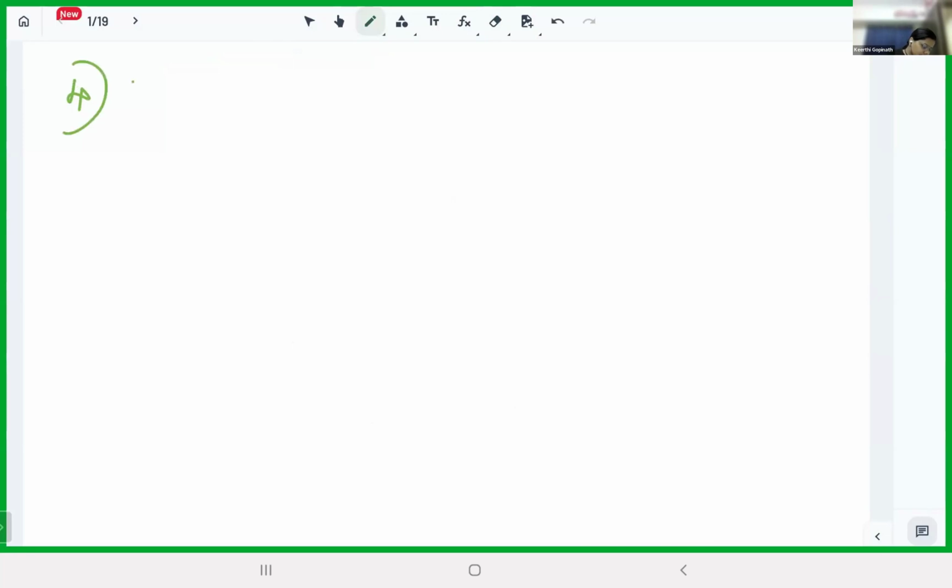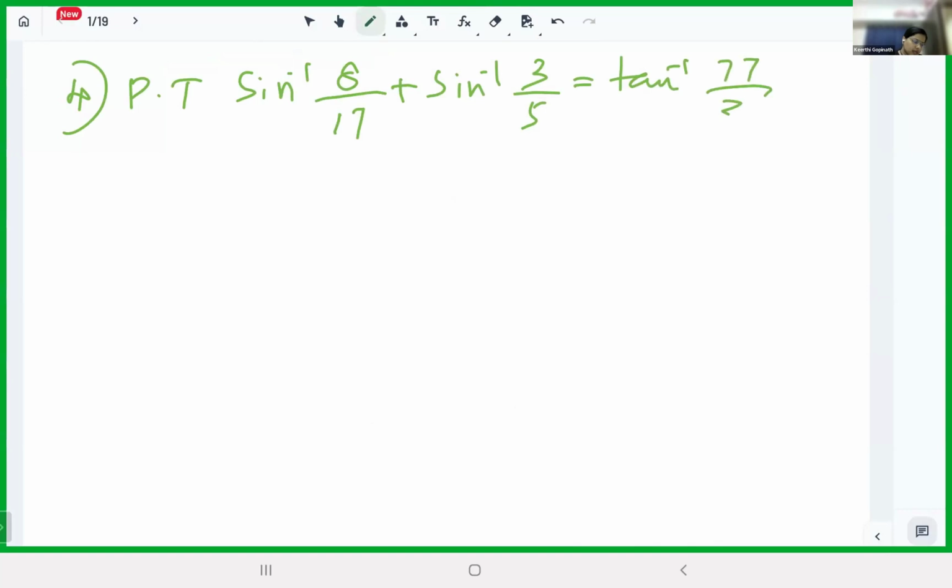That is, prove that sine inverse of 8 by 17 plus sine inverse of 3 by 5 is equal to tan inverse of 77 by 36.